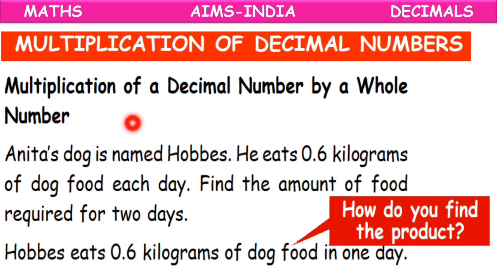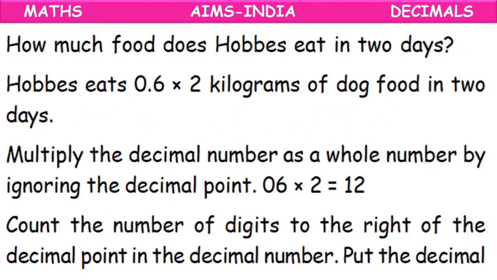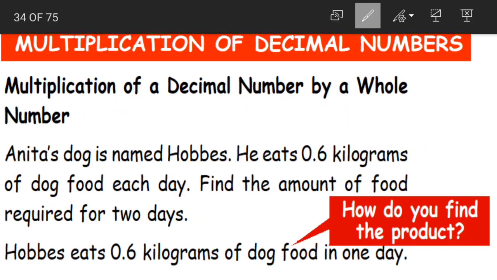First, let us look at the multiplication of a decimal number by a whole number. See, here Anita's dog is named Hobbs. He eats 0.6 kilograms of dog food each day. Find the amount of food required for 2 days.